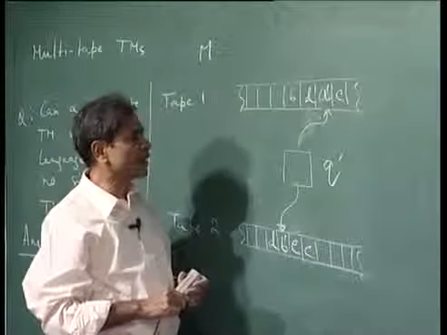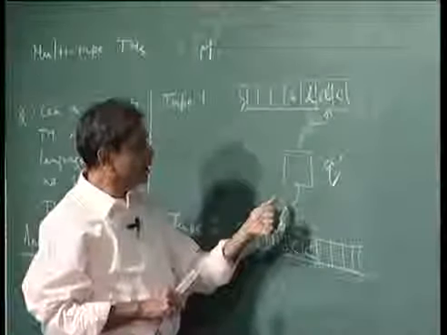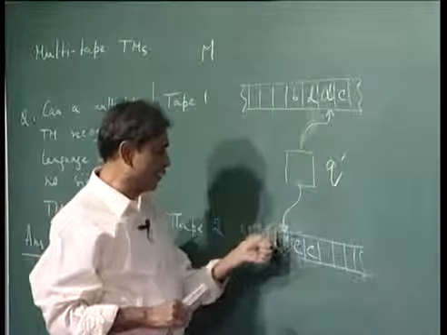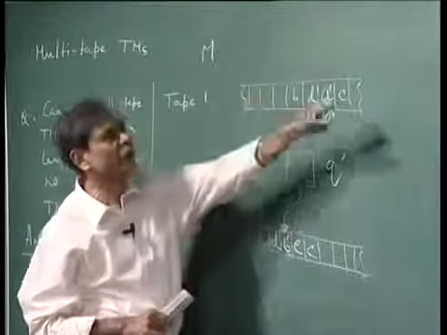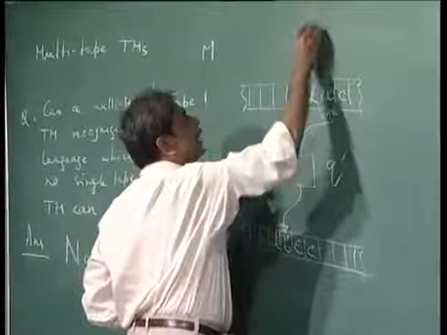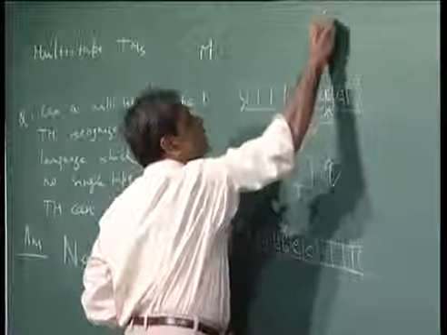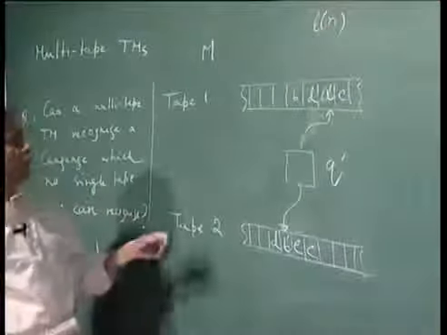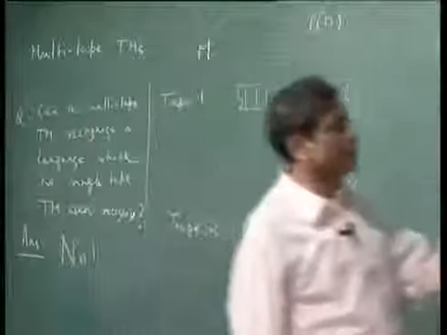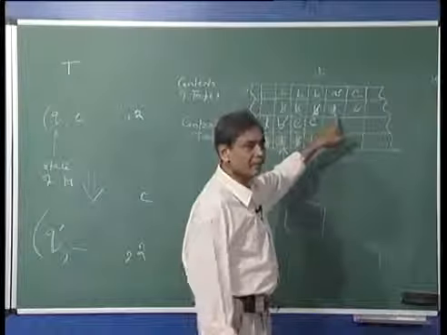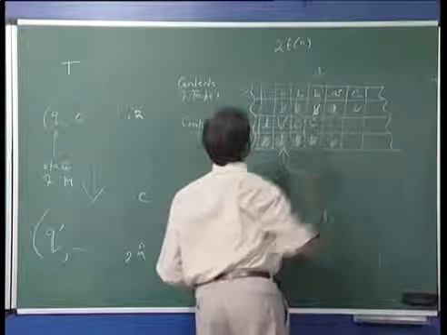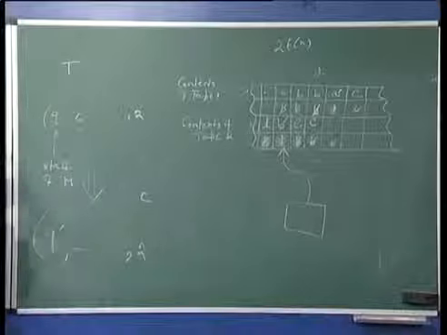In the worst case, what can happen is that in every step one of the heads moved in one direction. Let us say this head kept moving to the left, this head kept moving to the right. So, if this machine has taken Tn steps, then relatively the two ones here will be at a distance of 2 Tn, right. Is that clear what I am saying?